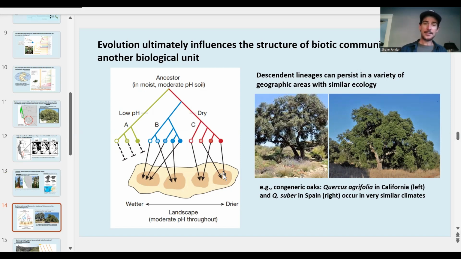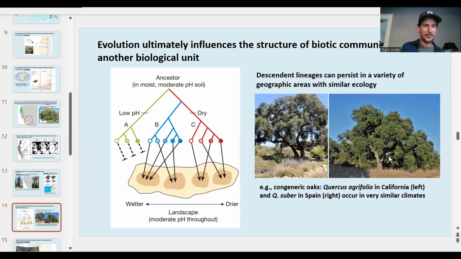But this idea leads to the fact that we see certain lineages of relatively closely related species that occupy really, really different places. For example, again, we can look at oaks. These oak species have descendant lineages that can persist in a whole variety of different geographic areas that have really similar ecology. For example, Quercus agrifolia, the coast live oak, which is pretty common here in Southern California, occurs in areas that are very ecologically similar to the cork oak, Quercus suber, which occurs in Spain.